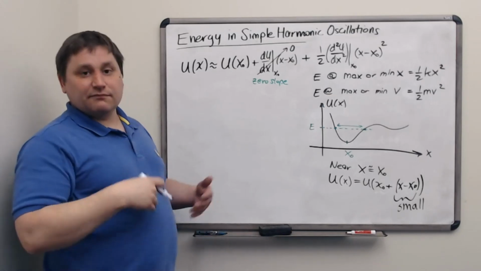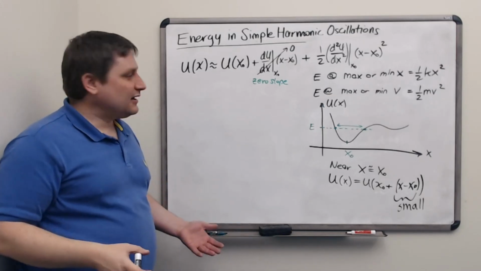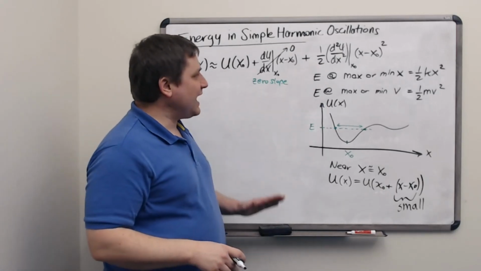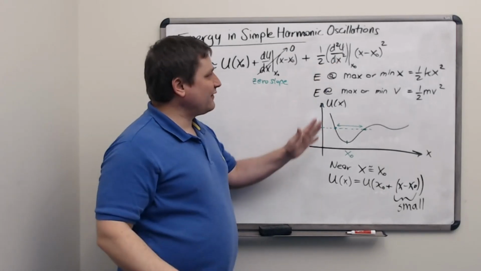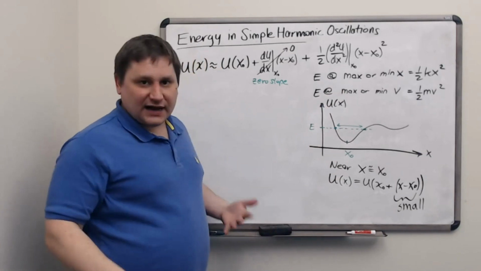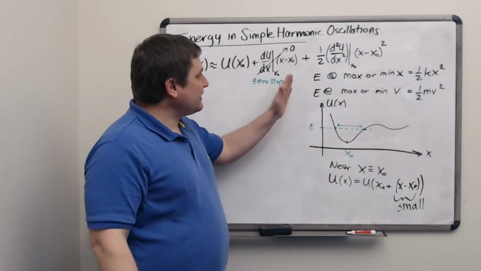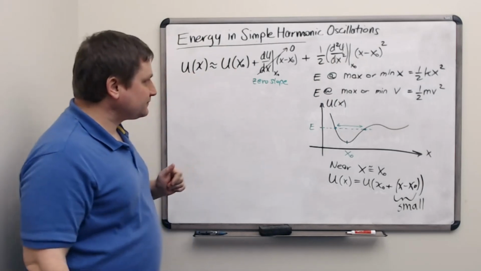Now there are, of course, more terms in this Taylor expansion that depend on the third derivative and x cubed, fourth derivative and x fourth, but those are not necessary to get an interesting result.